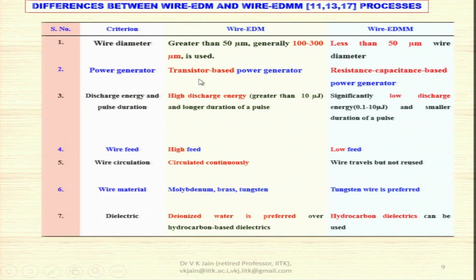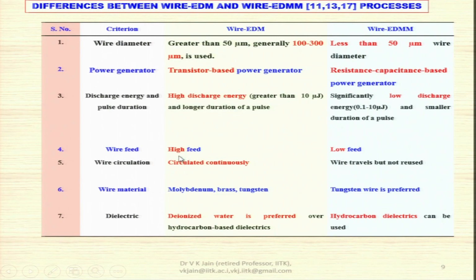Power generated in wire EDM is transistor based, while in wire EDMM it is resistance capacitance based. In discharge energy and pulse duration, you require comparatively high discharge energy and longer duration of the pulse in wire EDM. Here it is significantly low discharge energy and smaller duration of pulse power.